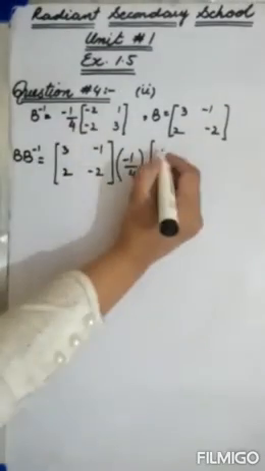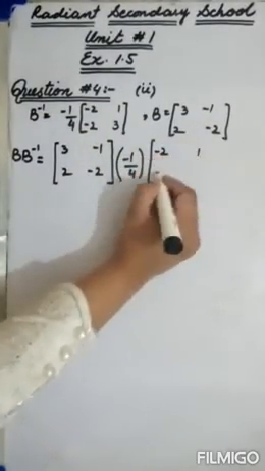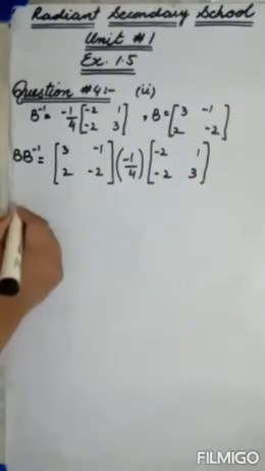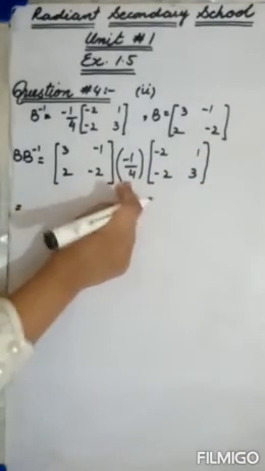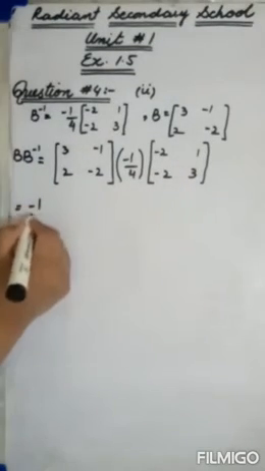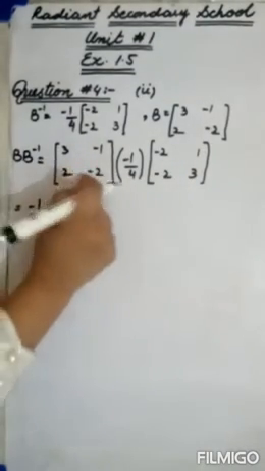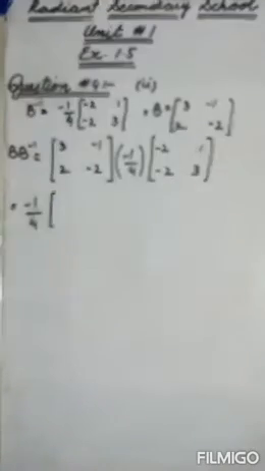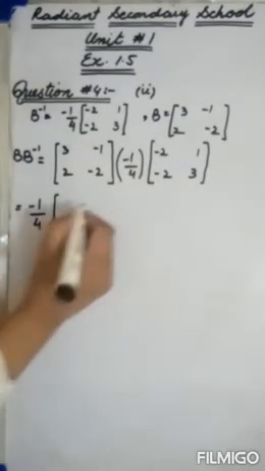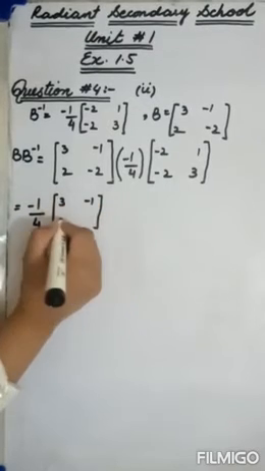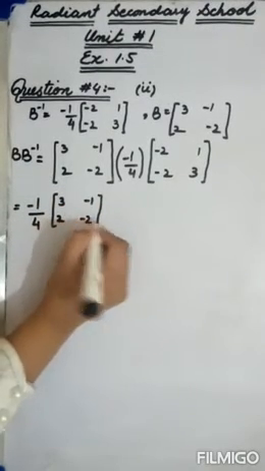Now the B inverse value is minus 2, 1, minus 2 and 3. Here students, we can do one thing, that is minus 1 by 4 can be at the one side, and first we can multiply these two matrices. It will make your question more easy to solve.